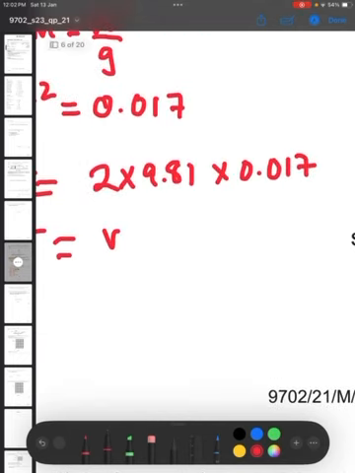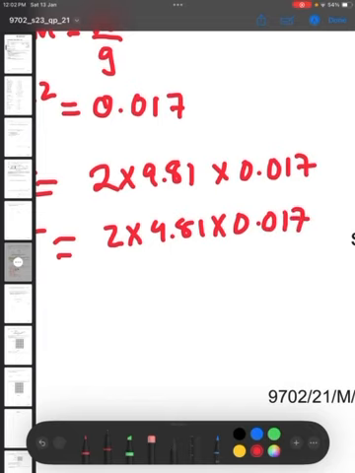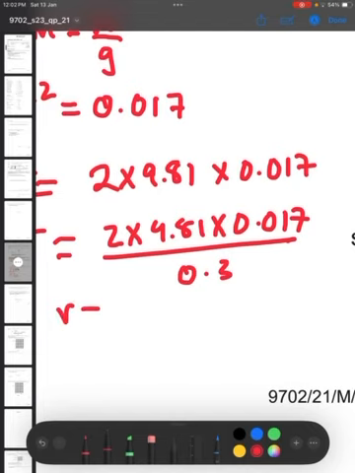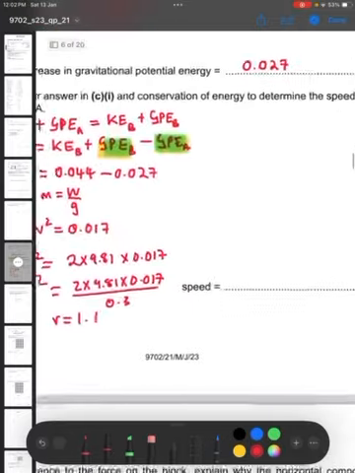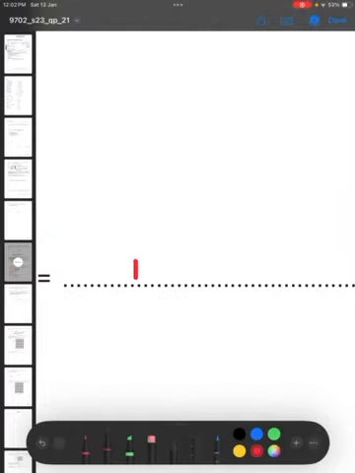It becomes 2 times 9.81 times 0.017 divided by 0.3. So V squared is equal to that. To not waste time, we just find the square root of both sides, and we find that our answer for V is 1.1. So we write 1.1 in the space given there. It's 1.1 meters per second.